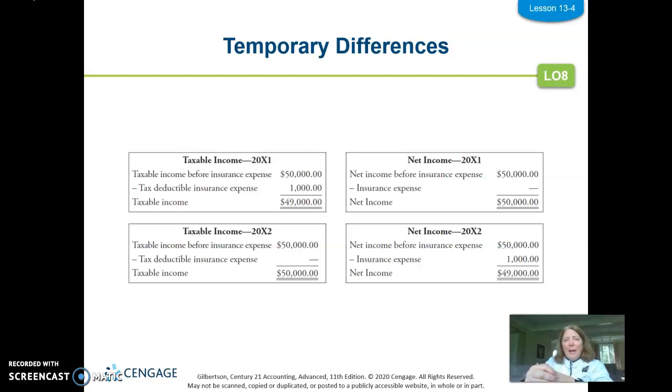So that same asset that I did straight line $20,000 per year, I may do $30,000 first year, $30,000 the second year, $30,000 the next year, and then $10,000 in year 4, so that by the end of year 5, I've still depreciated for tax purposes $100,000. It just was quicker in the early years. So that's kind of how this whole temporary difference thing works.